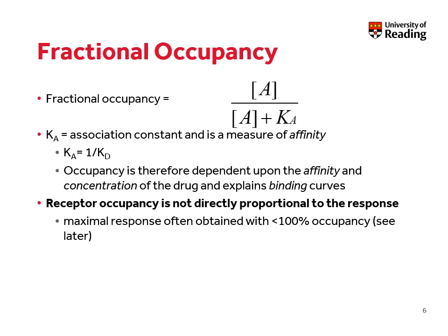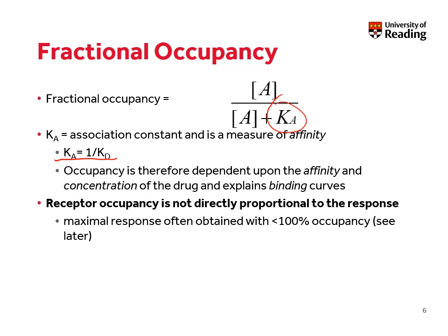So if we go back to fractional occupancy, that's the fraction of receptors that are occupied, where A is the concentration of the drug or the agonist. And from that, we'll get the association. Fractional occupancy depends upon the association constant, which is just the reciprocal of the dissociation constant.